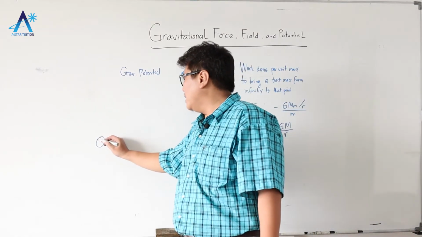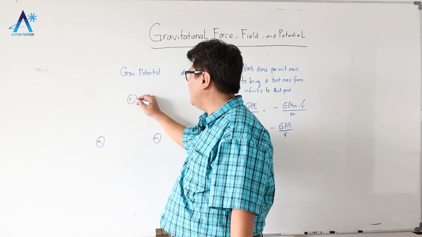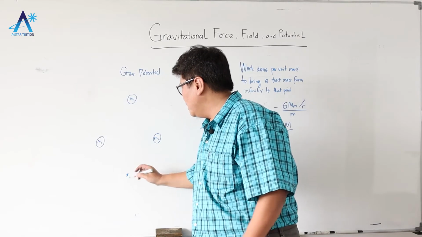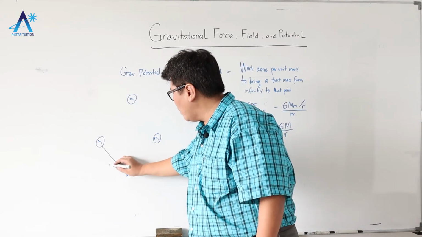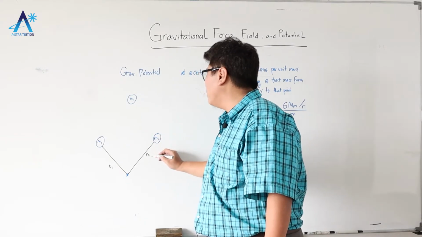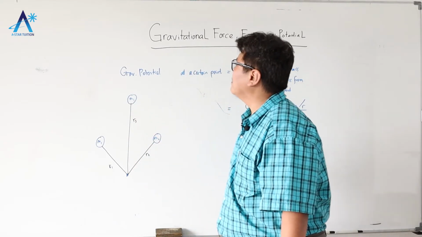So if you have M1 here, M2 here, and M3, and there's a point that is r1 away from M1, r2 away from M2, and r3 away from M3.